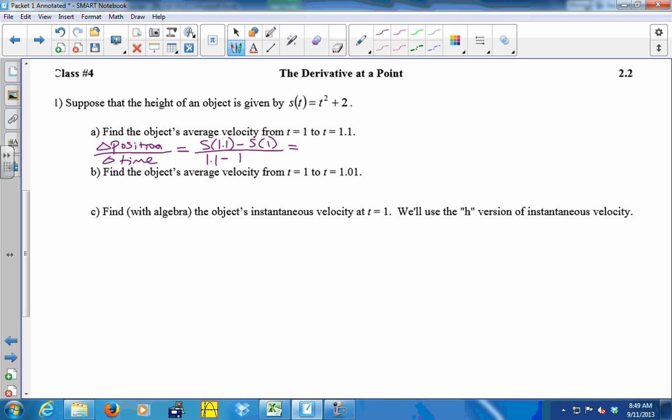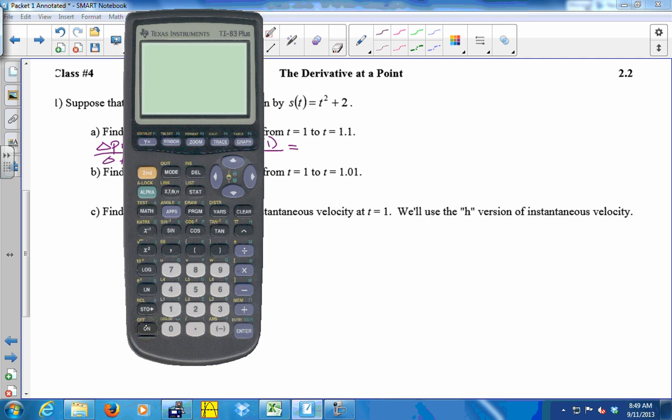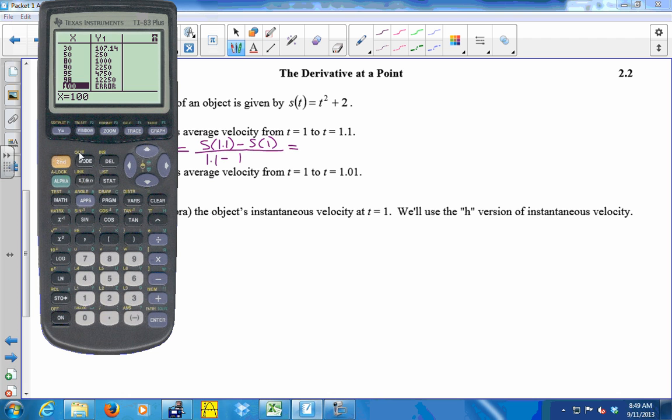So s of 1.1, 1.1 squared plus 2. Okay, so s of 1.1 is 1.1 squared plus 2, so it's 3.21.